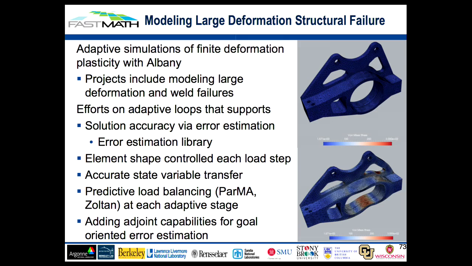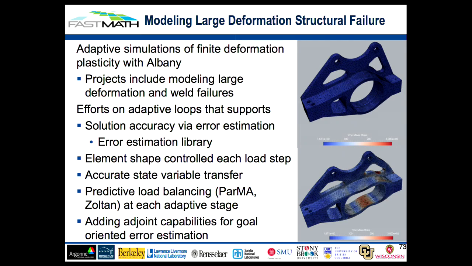If you don't do adaptation, when you apply your load, some of the elements become very, very stretched, and they can be flipped, so you cannot really integrate them. You basically won't be able to run the simulation. Your code will break. But if you do mesh adaptation, then you're able to solve this.